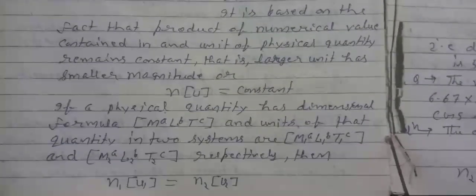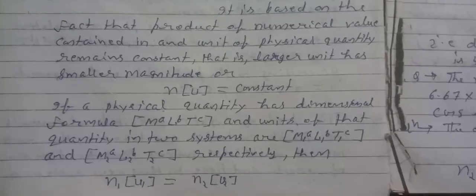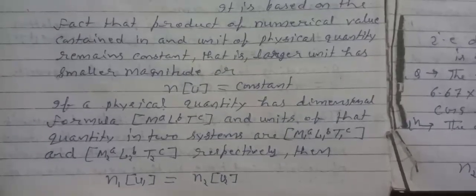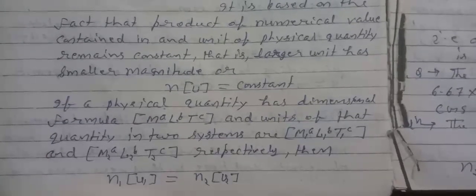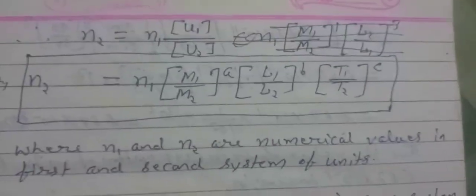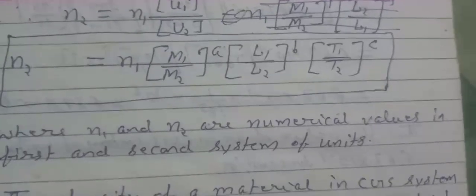If a physical quantity has dimensional formula M to the power a, L to the power b, T to the power c, and units of that quantity in two systems are M1 to the power a, L1 to the power b, T1 to the power c, and M2 to the power a, L2 to the power b, and T2 to the power c, then n1 u1 equals to n2 u2. Hence n2 equals to n1 into M1 by M2 to the power a, L1 by L2 to the power b, T1 by T2 to the power c, where n1 and n2 are numerical values in first and second system of unit.